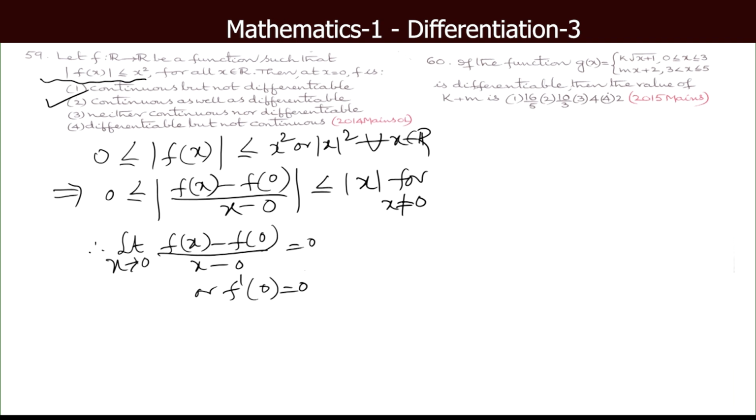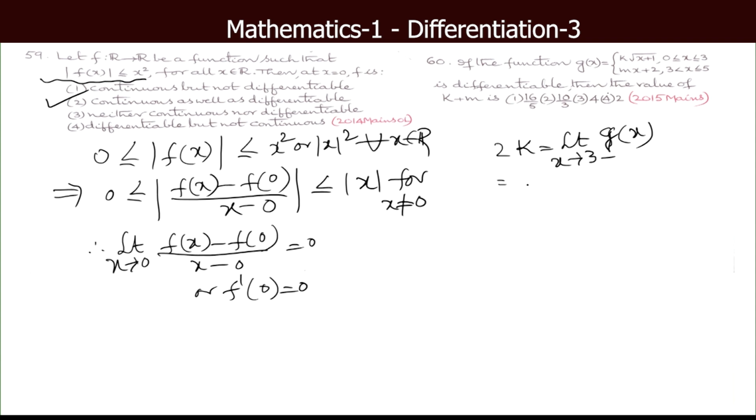2015 mains. Well, differentiable means it is continuous. Continuity means the left limit and right limit must be equal. The left limit at x equal to 3 is 2k, that is limit g(x) as x tends to 3 minus.